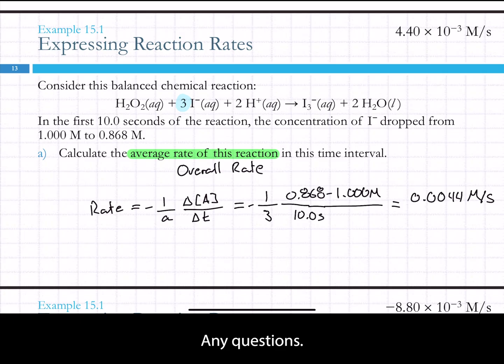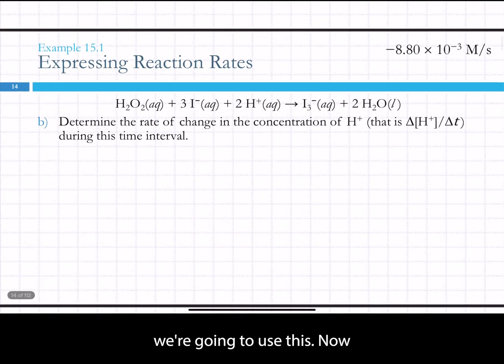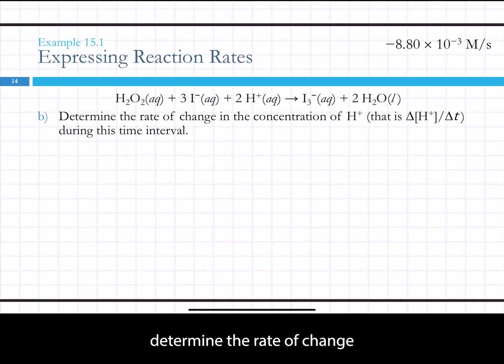Any questions? Okay. So moving forward, we're going to use this now. Determine the rate of change in the concentration of H plus during this time interval. So we want to look at the concentration of H plus.